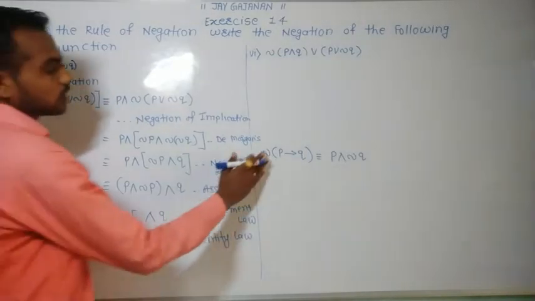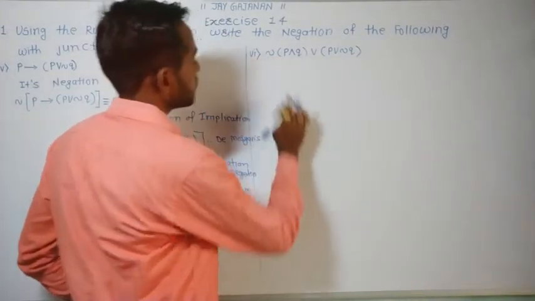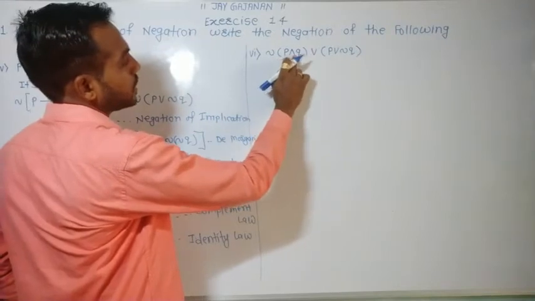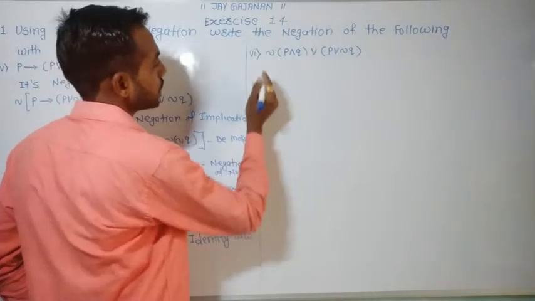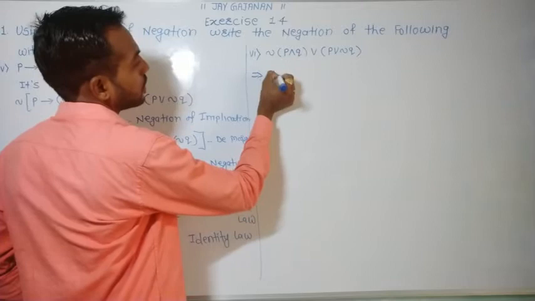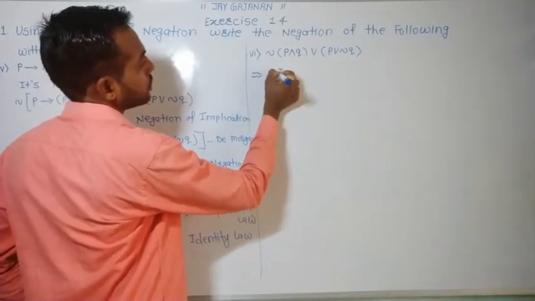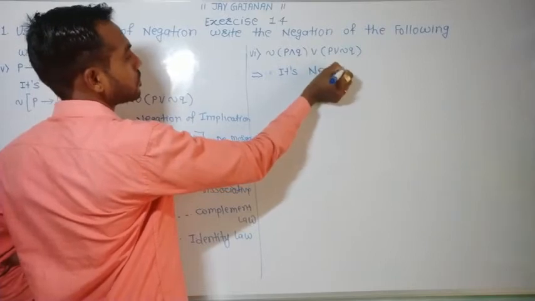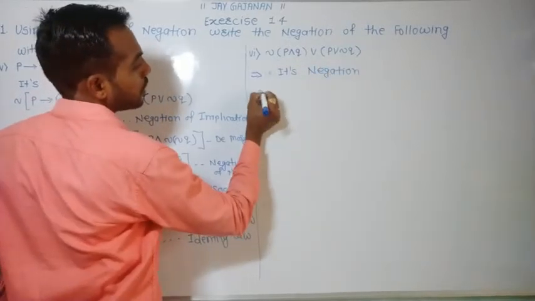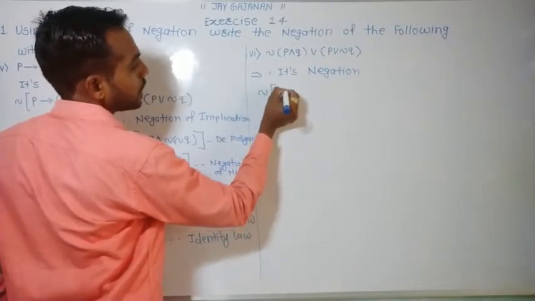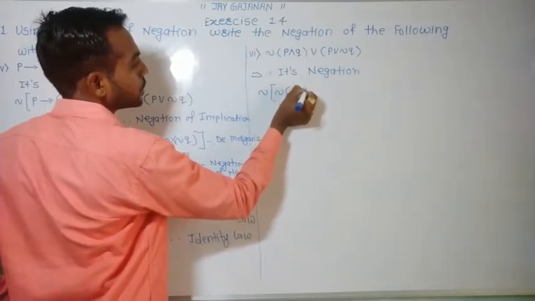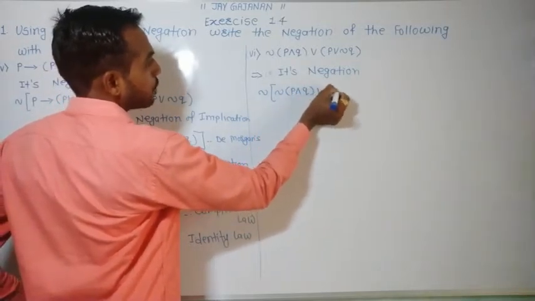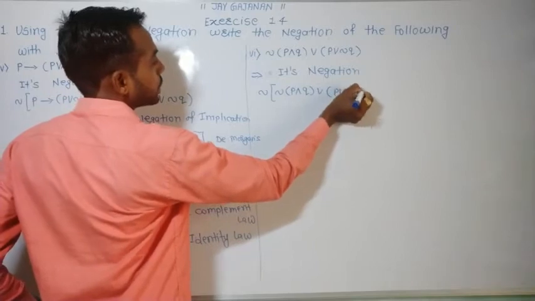Okay. Now the example number 6 is negation of (P and Q) or (P or negation Q). Now it's a negation. Write down negation of (P and Q) or (P or negation Q).